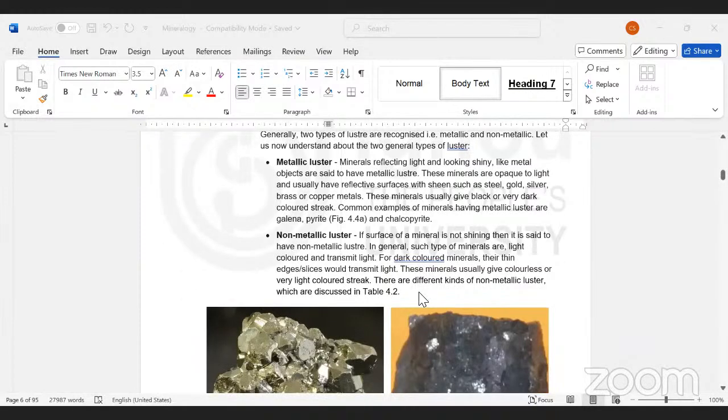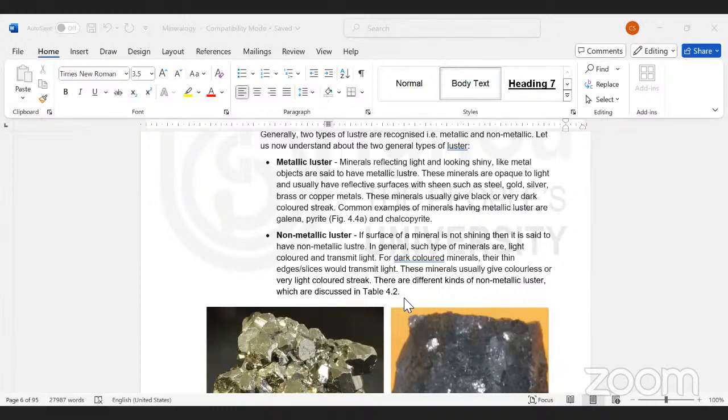Some of the minerals are mentioned here. Metallic structures, almost all the metals, show metallic color or metallic luster. The best examples for this are galena, pyrite, and chalcopyrite.